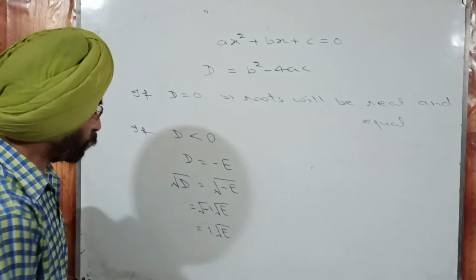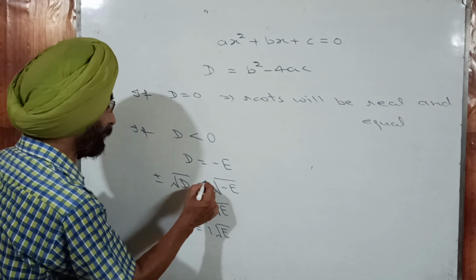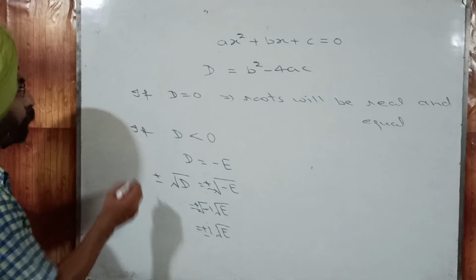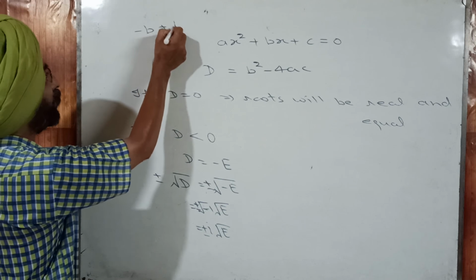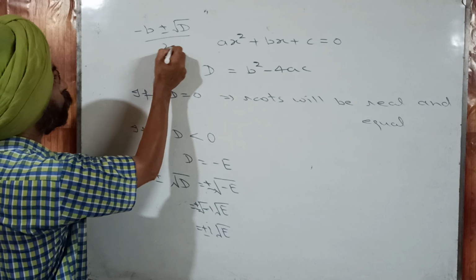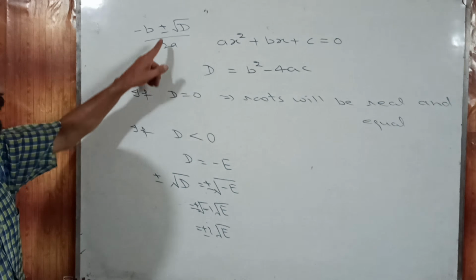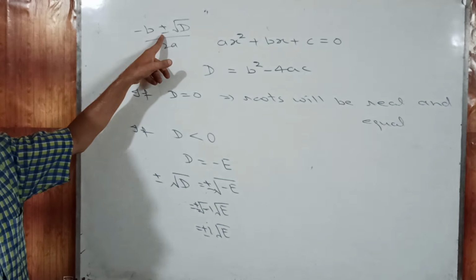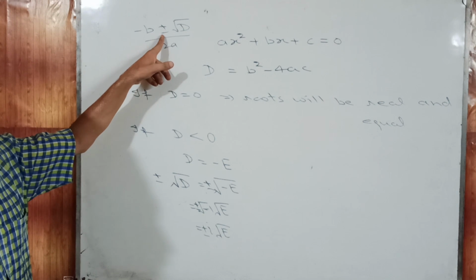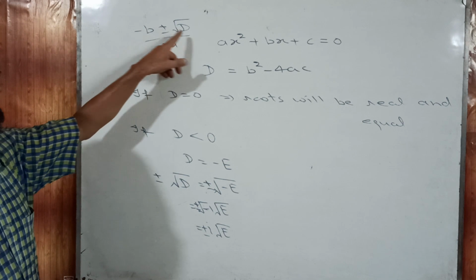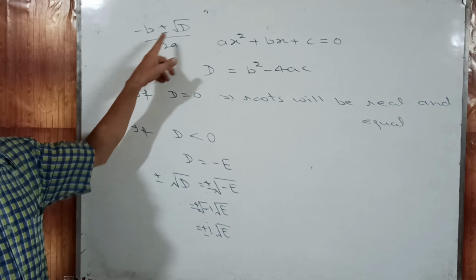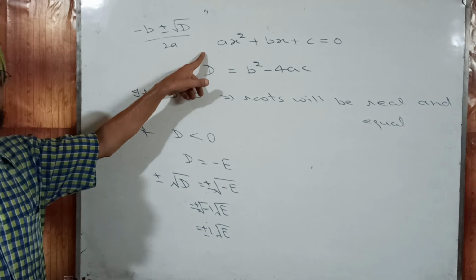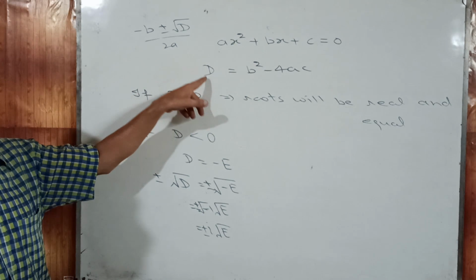And since you are having a plus minus sign in the solution, your solution is minus b plus minus under root D upon 2a. So I am considering this plus minus sign. What will it give? It will give you two roots as complex conjugates of each other. If one of the roots is a plus iota b, the other will definitely be a minus iota b.